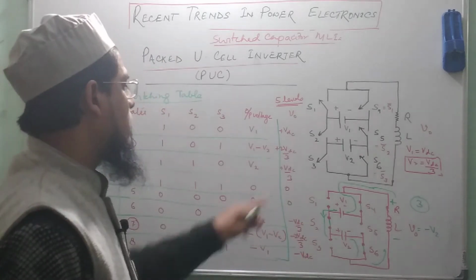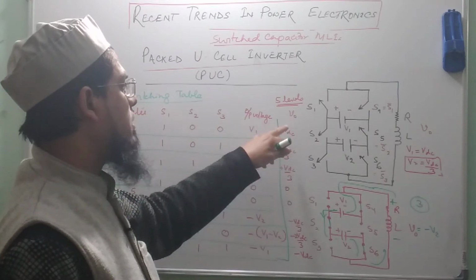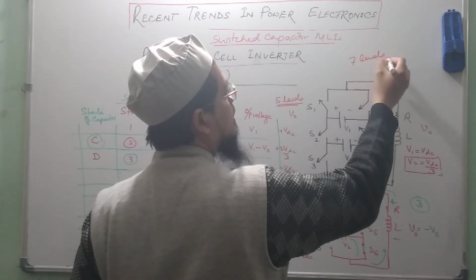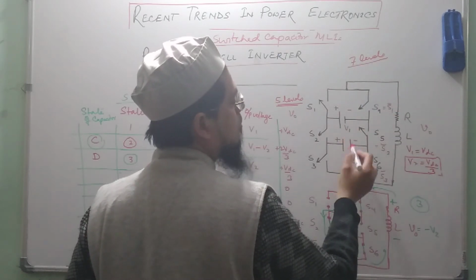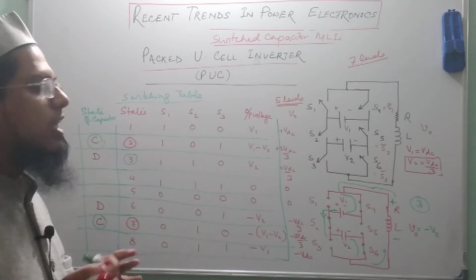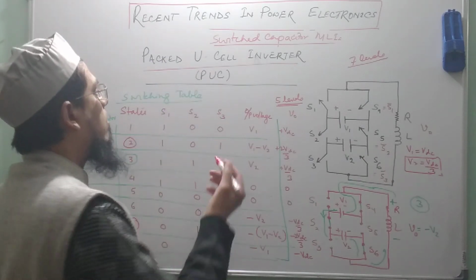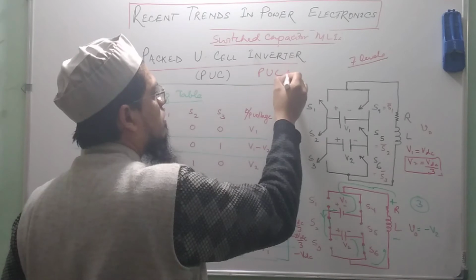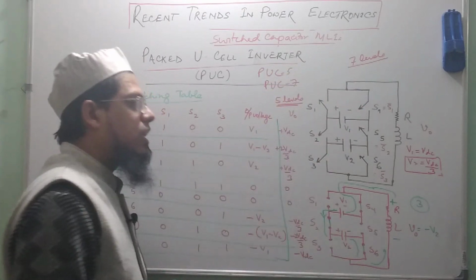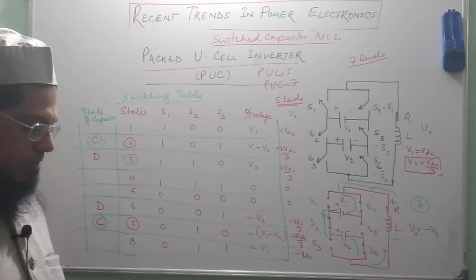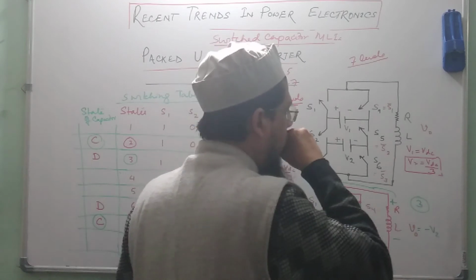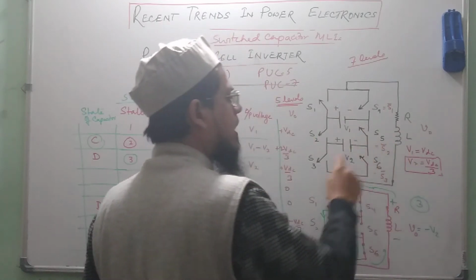Now you could see here 0, VDC by 3, 2 VDC by 3 and VDC, that means 7 levels. 7 levels could be generated if we could keep the capacitor voltage equal to VDC by 3. Correspondingly the configuration is called PUC 5 or PUC 7, depending on the levels in the output voltage waveform. Okay. And that depends on what is the voltage of the capacitor.